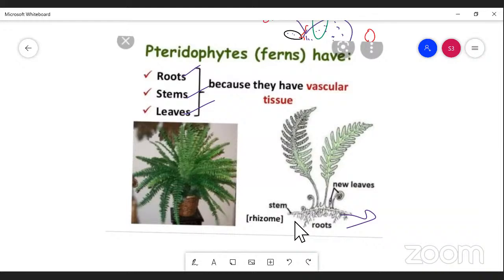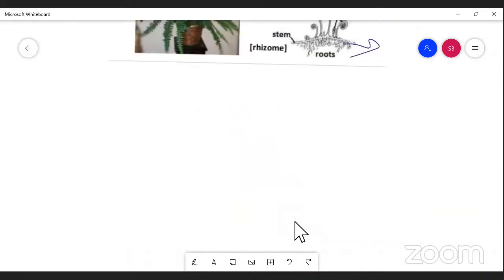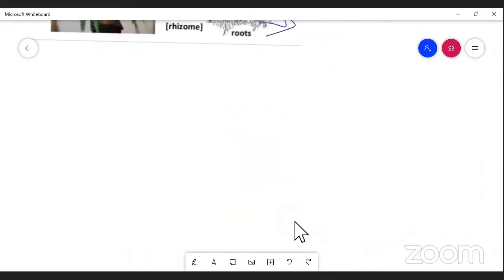My dear students, next we move on to the classification of pteridophytes.